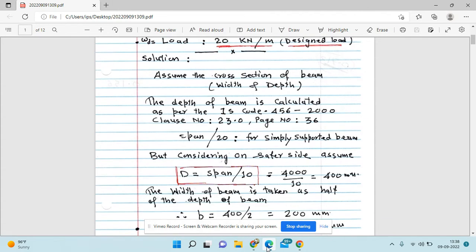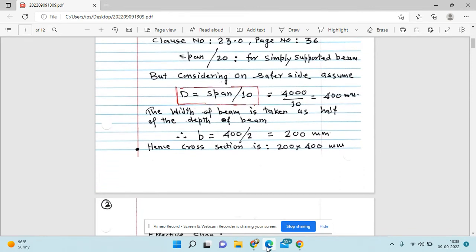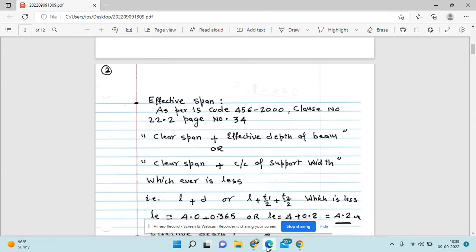So we can say the overall depth is taken as 400 mm, and generally the width of the beam is taken half of the overall depth, that is 400 upon 2, that is 200 mm. And now we can see the cross section that we have decided in the beginning is 200 cross 400 mm.